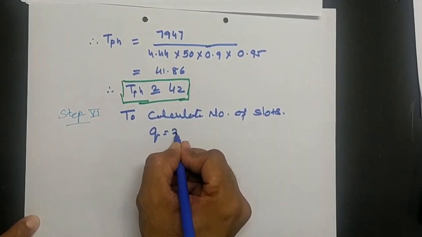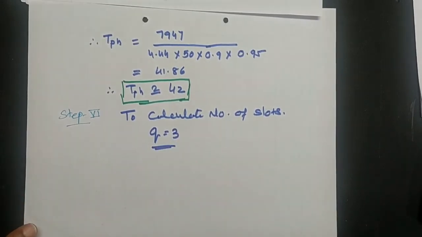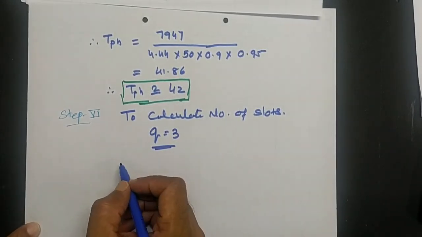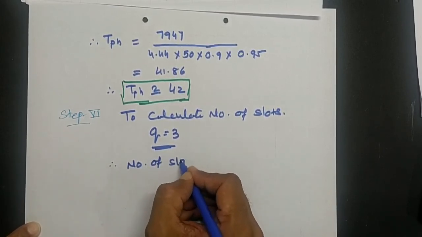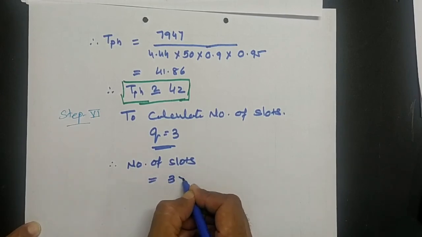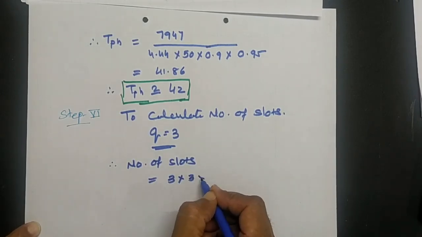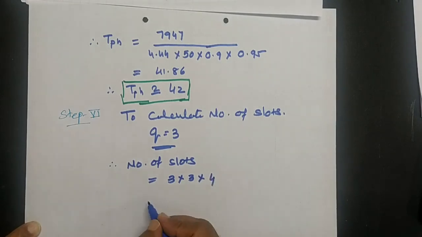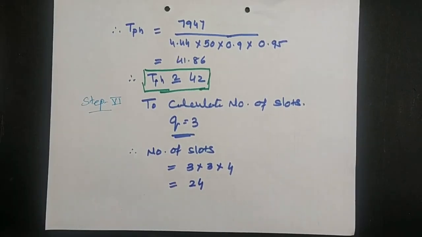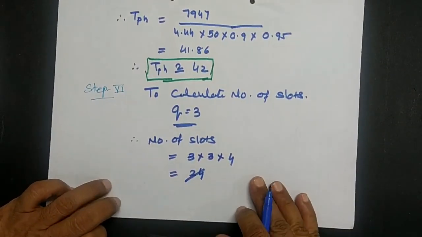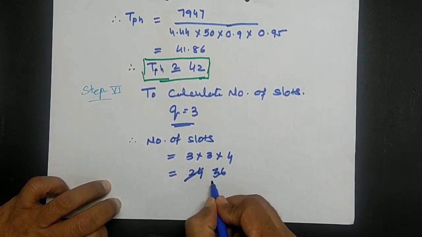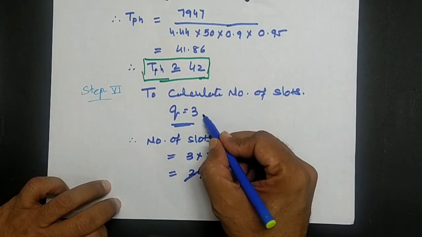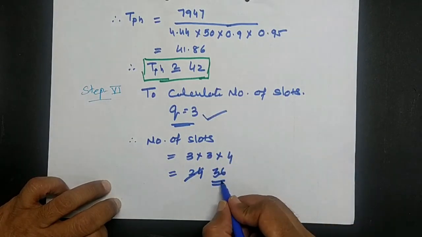Suppose we consider 3 slots per pole per phase, then number of slots is 3 multiplied by number of phases, that is also 3, and number of poles, that is 4. So 3 multiplied by 3 is 9, 9 fours are 36. So when we consider 3 slots per pole per phase, we have a total number of slots of 36.